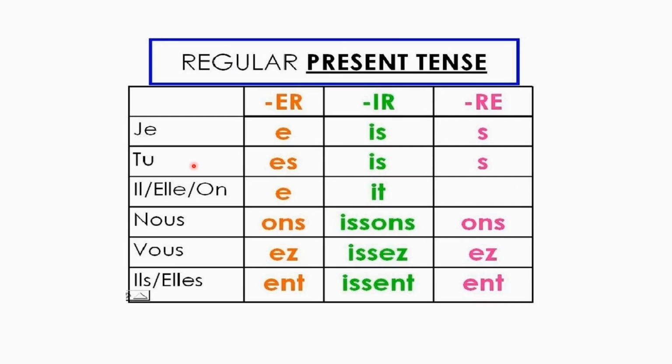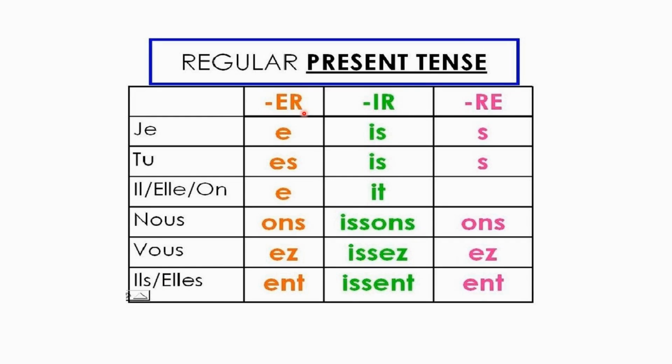As I showed you in the previous slide, every type of regular verb, ER ending, IR ending and RE ending, has a particular conjugation with each of these subjects. Let us first see this conjugation.